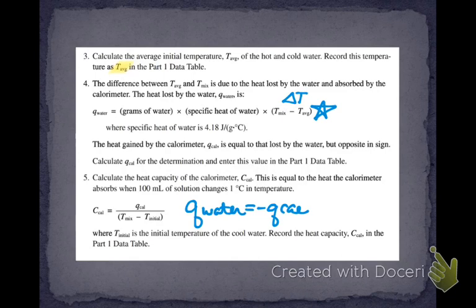And because the water's releasing heat, it's exothermic, we should get a negative value when we calculate the Q of the water, because the water's releasing heat to the calorimeter.